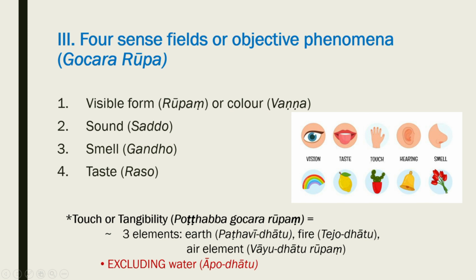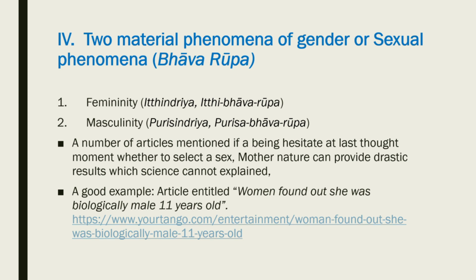You cannot sense the cohesion of the water element, so that is considered out. That's why you need only 4 of them: visible, sound, smell, and taste. Then you can remember the structure, and we can also recall all the 28 of them.